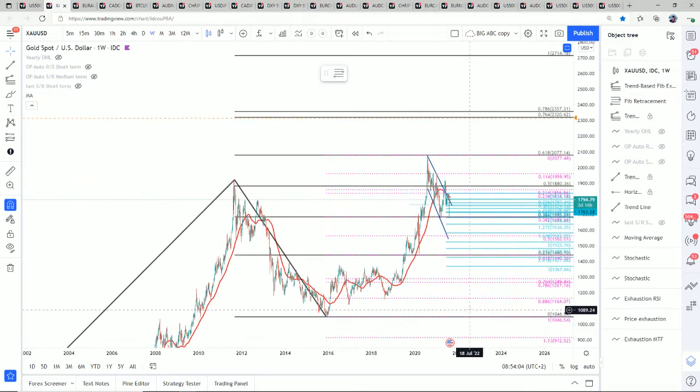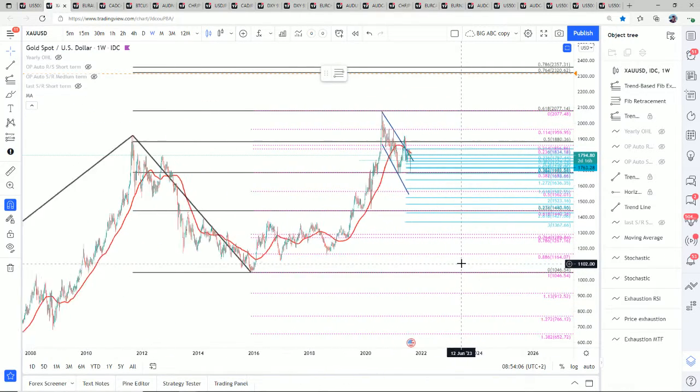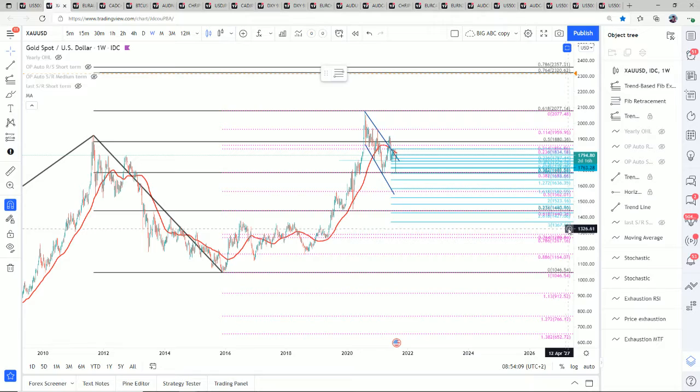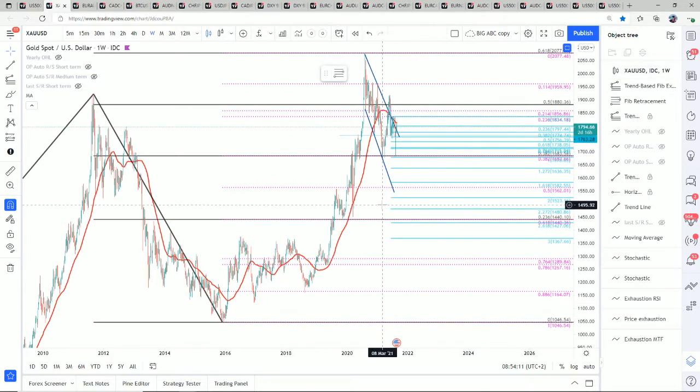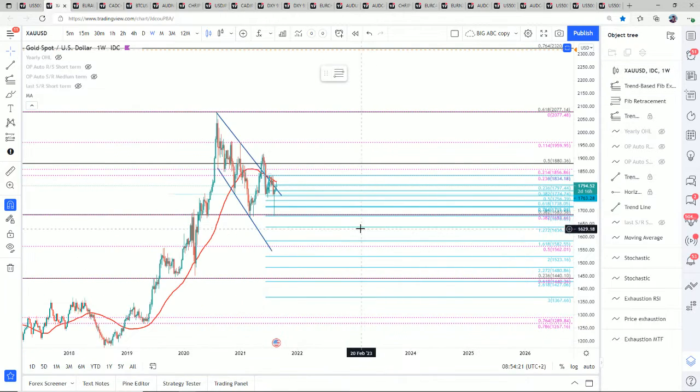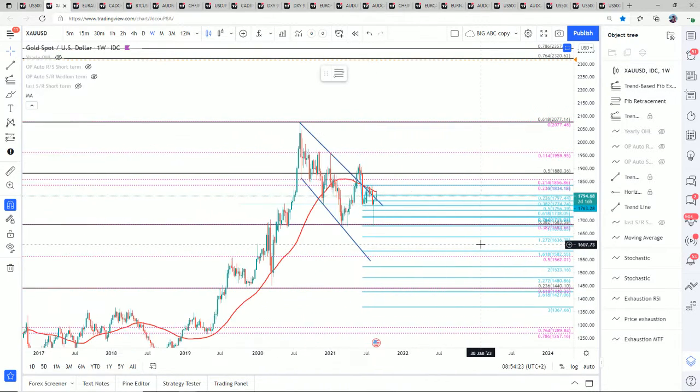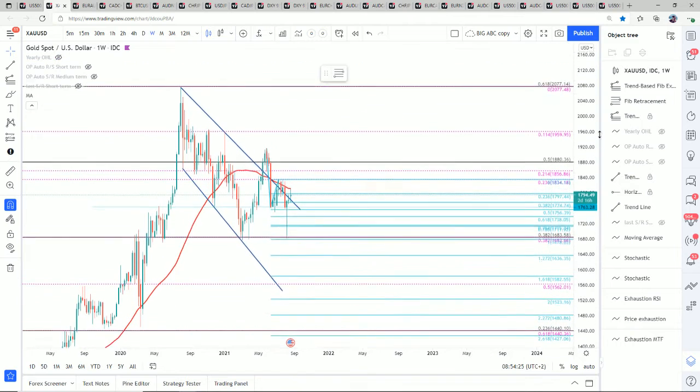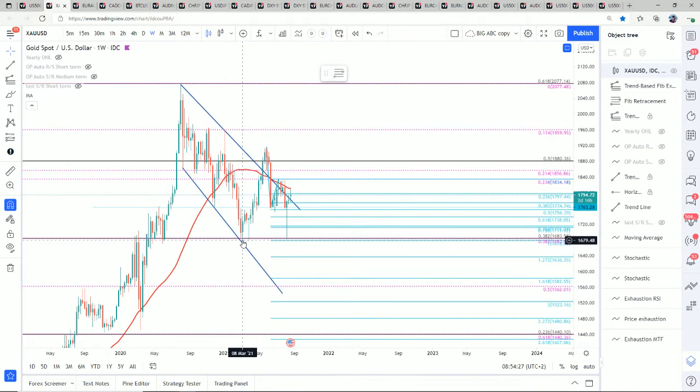So gold, it's a very clean, very simple chart we have. We have been calling this level at 1,683 since last October. You can find it in the tweet feed. So this level has been called since last year.